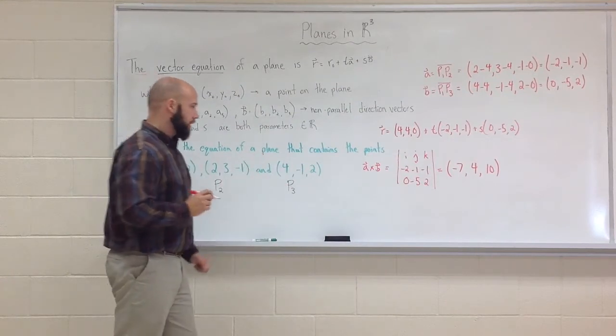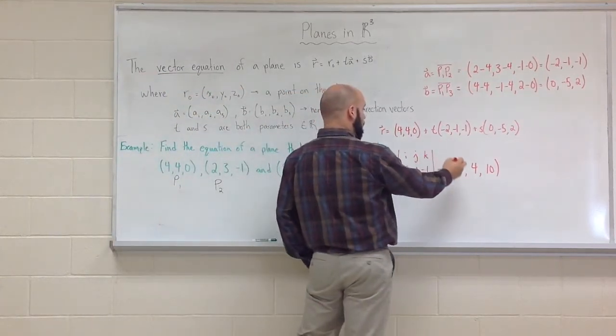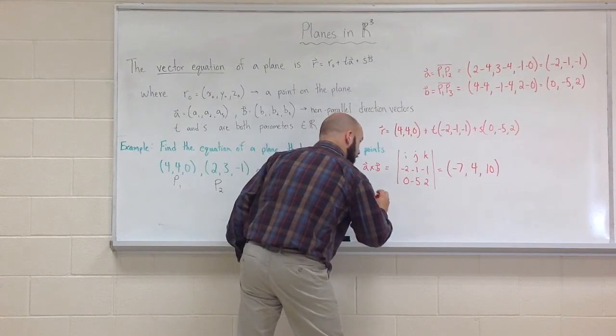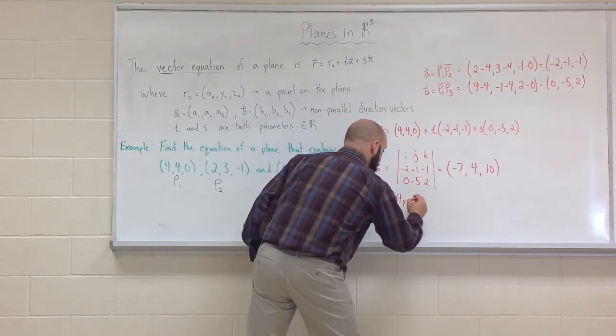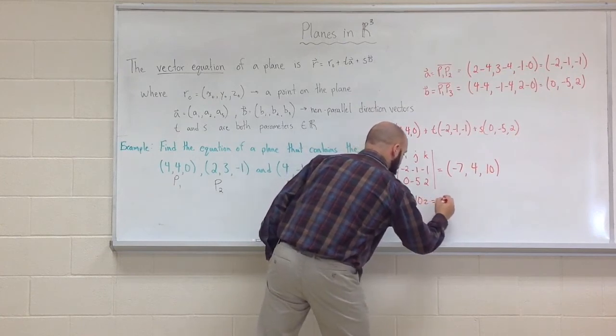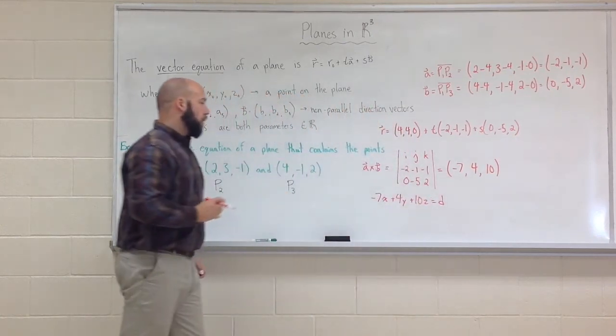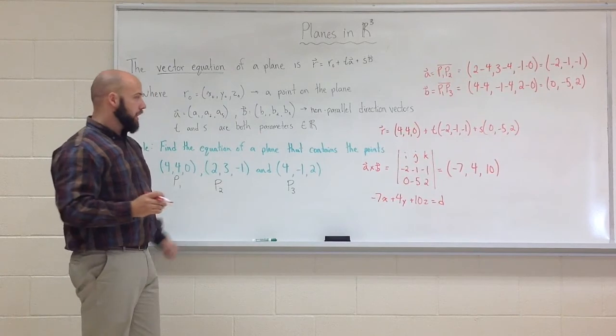That's our normal vector, meaning this can be plugged into our equation -7x plus 4y plus 10z equals d. We can plug any point into that equation.